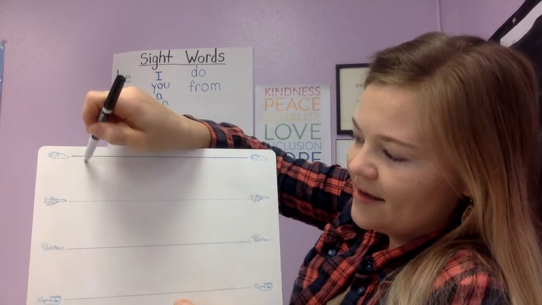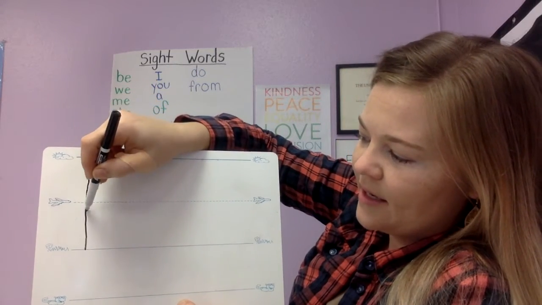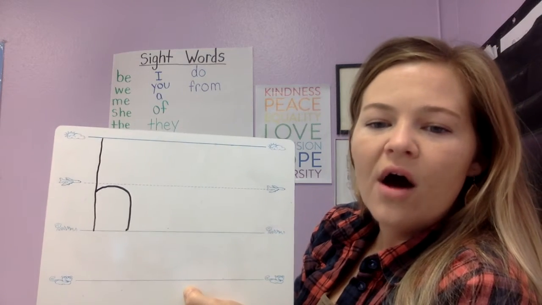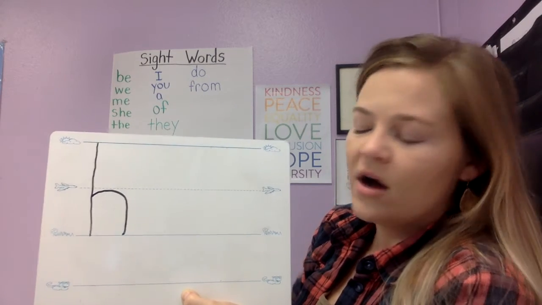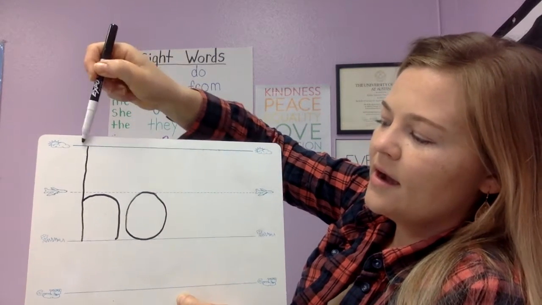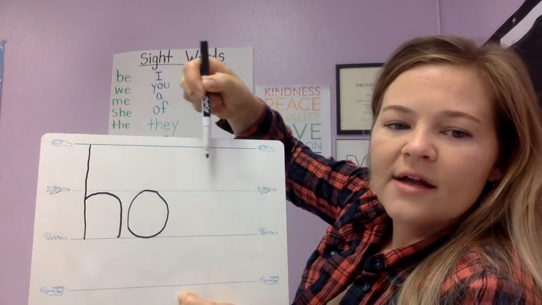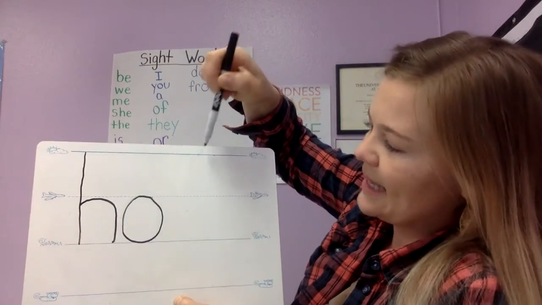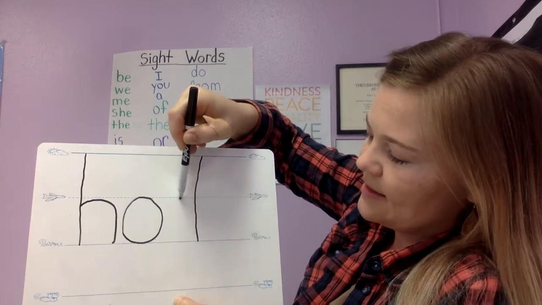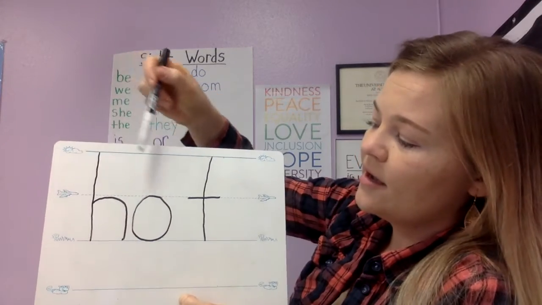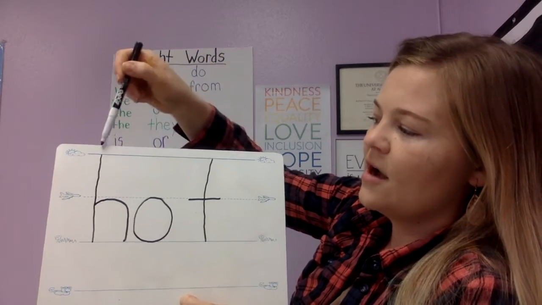All right, that h sound at the beginning, that's an H. That's an O in the middle. That's a T at the end. So we spelled a word that just starts with an H. Hot.